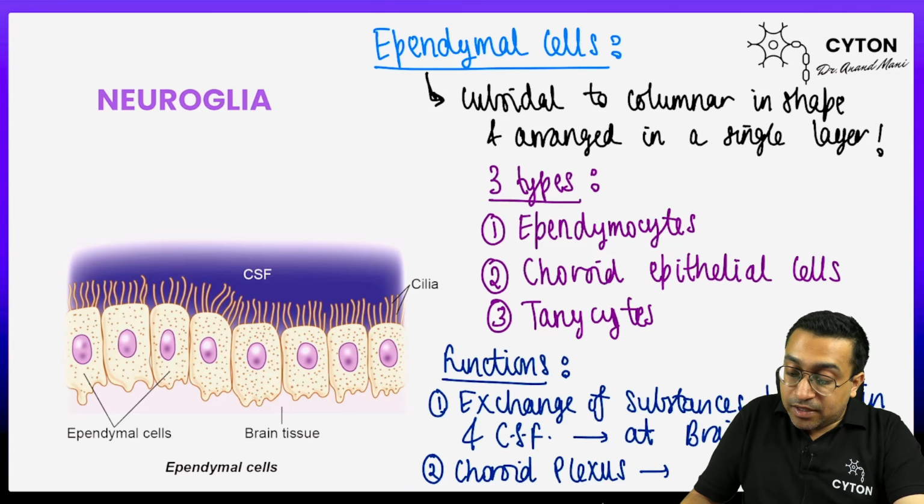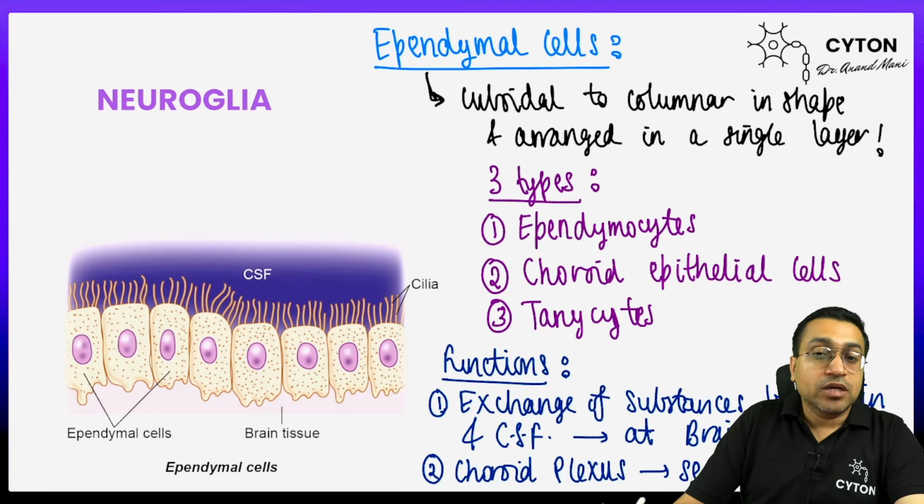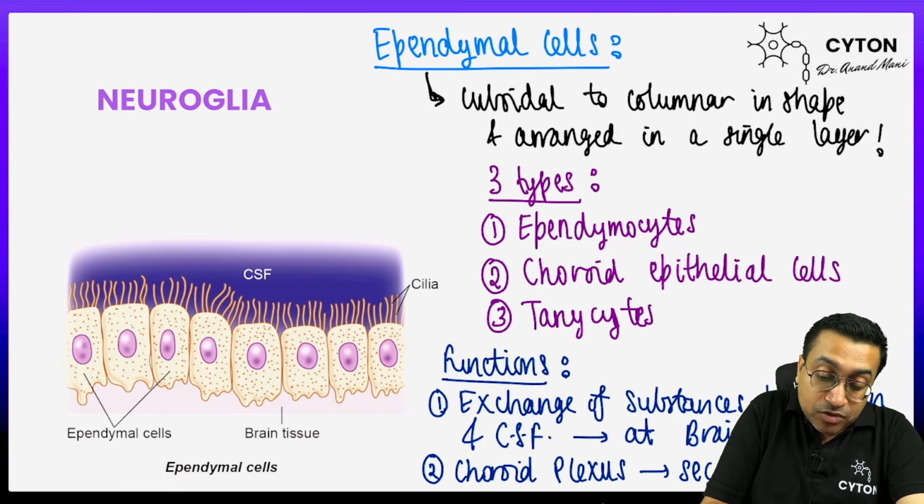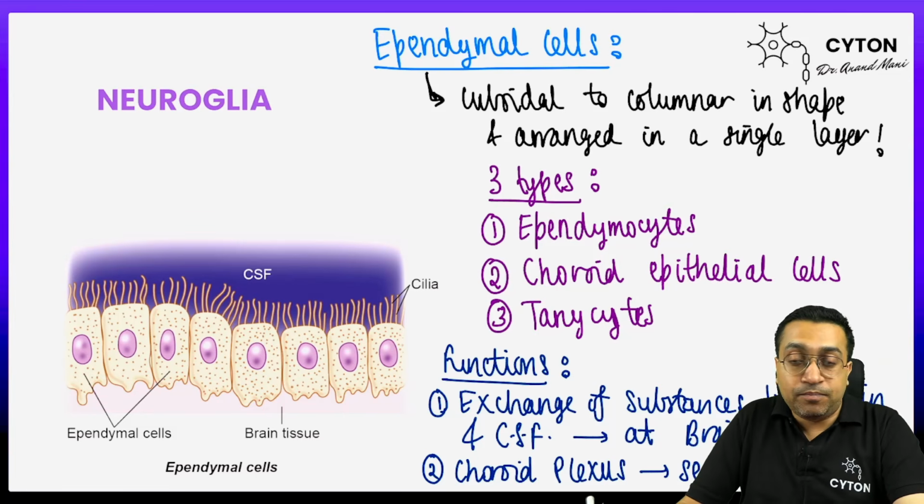This secretes the CSF. Okay, so you can see this image showing the CSF here. And this is the brain tissue, and these are the ependymal cells which are lining this. It appears to be a lining epithelium kind of thing.